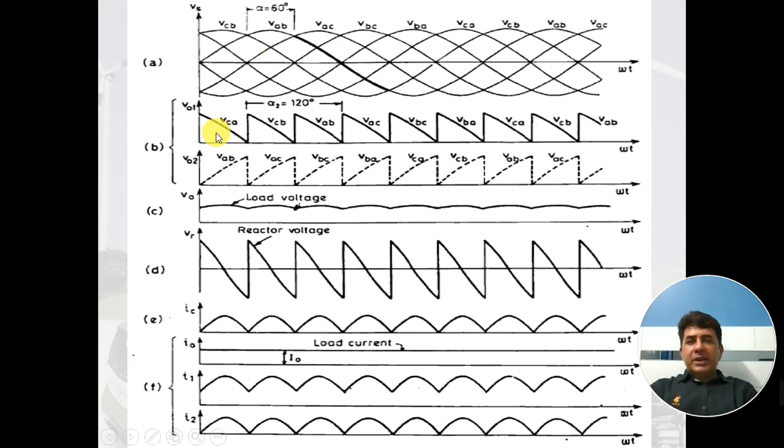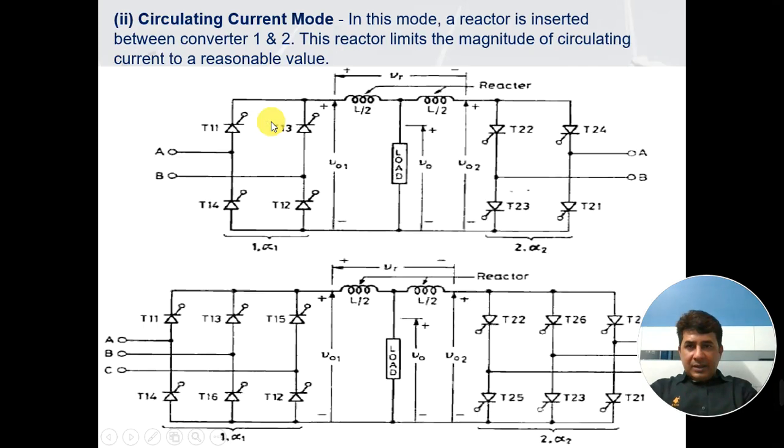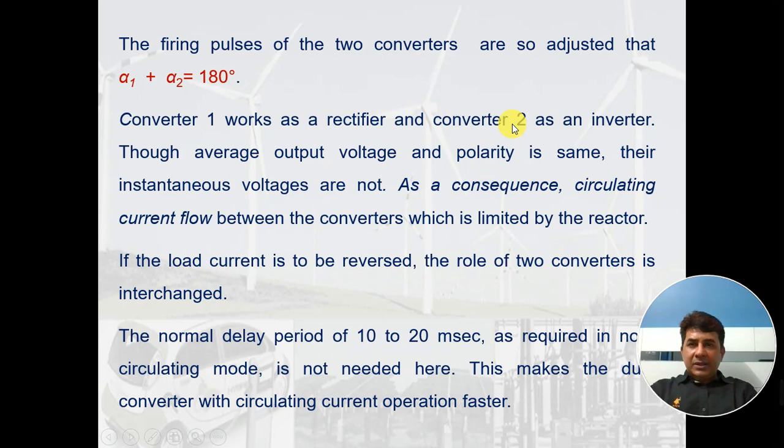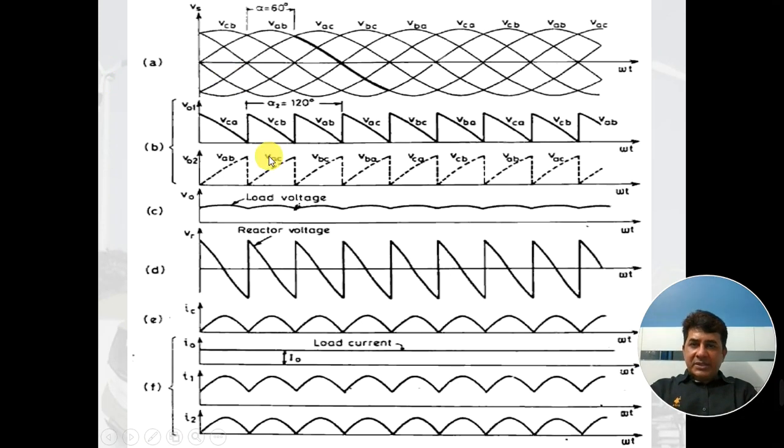Now, when these two are fired simultaneously, the switching sequence is to be kept such that alpha 1 and alpha 2 should be equal to 180 degrees. So if the alpha for V01 is kept as 120 degrees, the alpha for this will be taken as 60 degrees. So one voltage will be this and another voltage will be this. If we add these two voltages, the load voltage will be this.